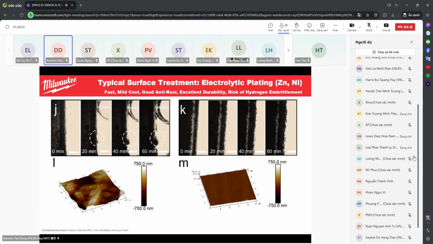That means by some research, we do understand that during the electrolytic plating for nickel and for zinc, some kind of active hydrogen atoms would be generated because of the chemical reaction, and those can dissolve into the steel matrix, and those hydrogen atoms later on can regroup and form small hydrogen bubbles on the grain boundary, and that generates high pressure and leads to the sudden crack of the parts. This is so-called hydrogen embrittlement.